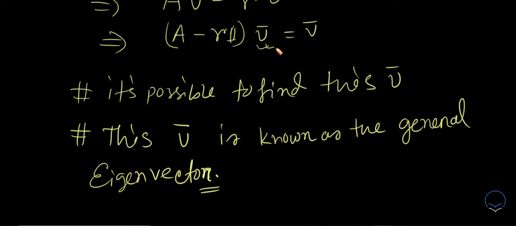And now to complete the solution, we just need to find this u bar, right? So how can we do that? Since we already have our v bar, we can obviously construct this u bar.